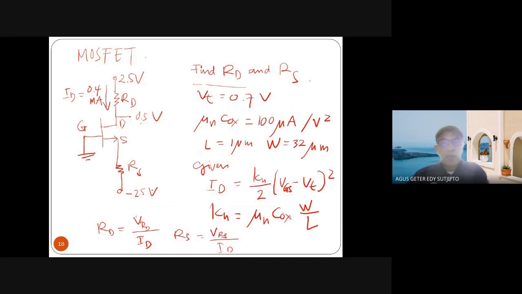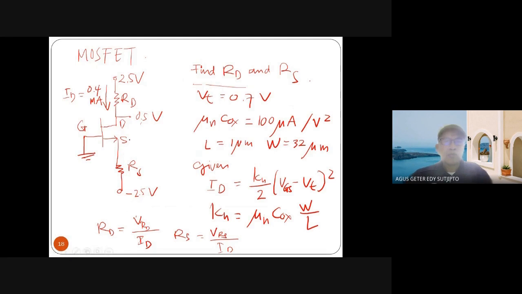So this is the current from D to S, which is 0.4 milliampere. So now, what is the VRS? ID we already know, 0.4.